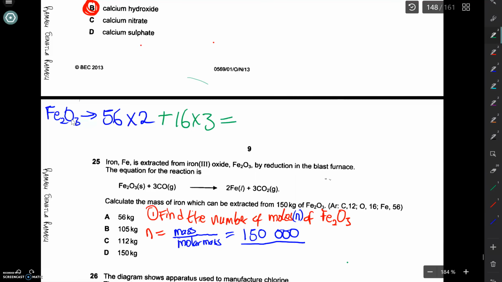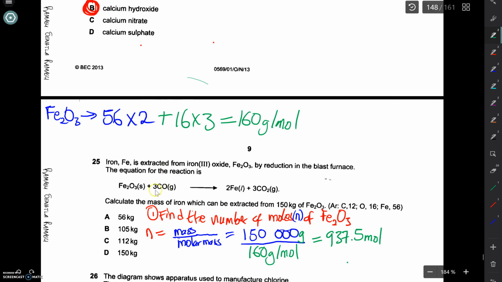This gives us 160 grams per mole. So we have 150,000 grams over 160 grams per mole, which gives you 937.5 moles.